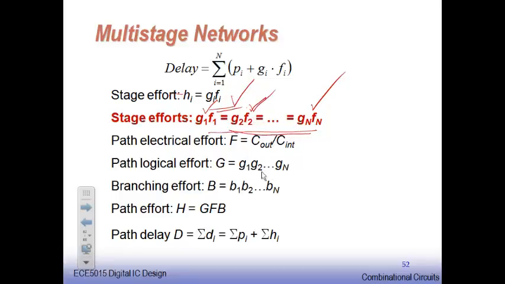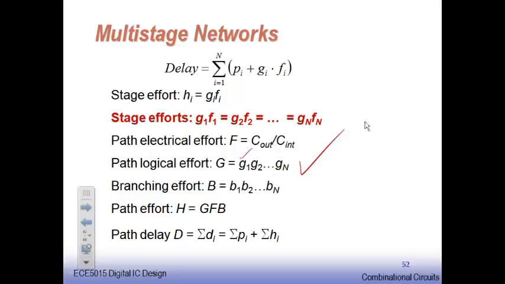The path electrical effort. What is electrical effort? Previously it was just F. I now have the final load capacitance divided by its internal capacitance. The path logical effort is what? For each gate in each stage, I have G. In my path, G1 is the logical effort of the present gate, G2 is the next gate, G3 is the next gate.